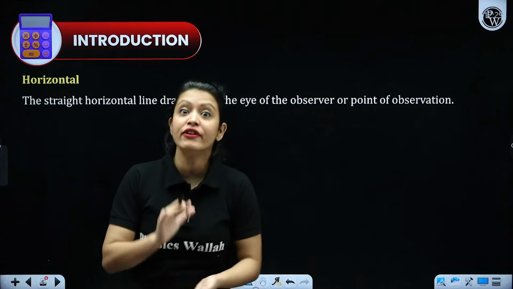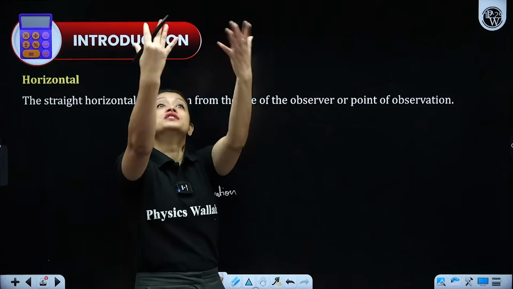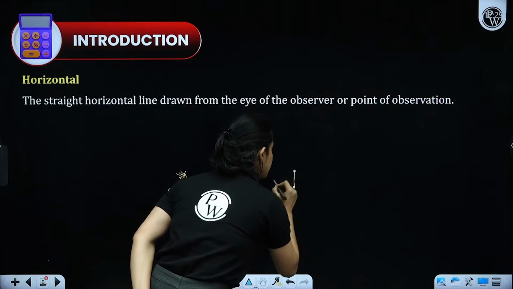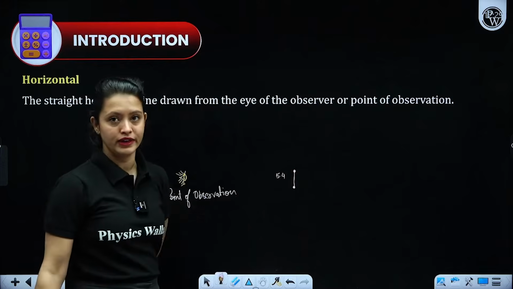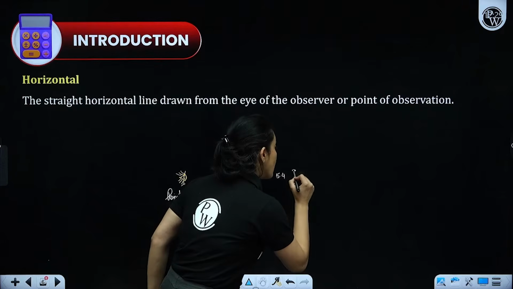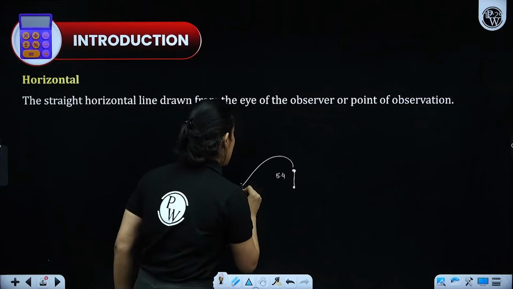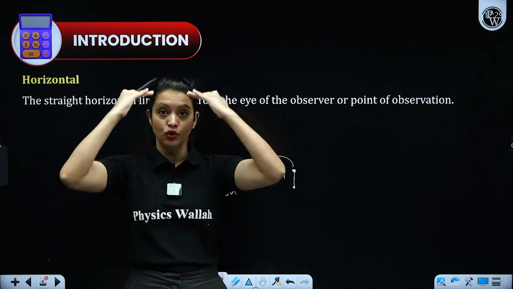But if in a question my height is given, let's just suppose there is a girl, me, and my height is given as 5.4 feet, then this here would be your point of observation. Why is this the point of observation, everyone? Because my eye is situated here above, right?